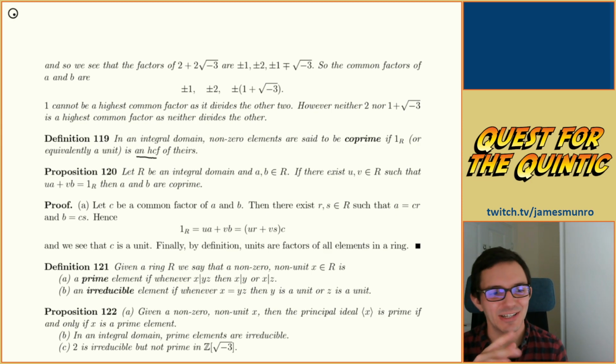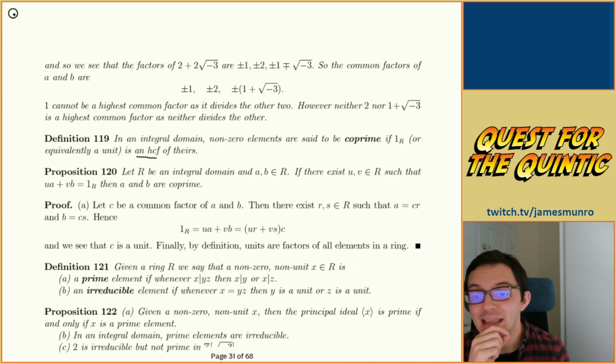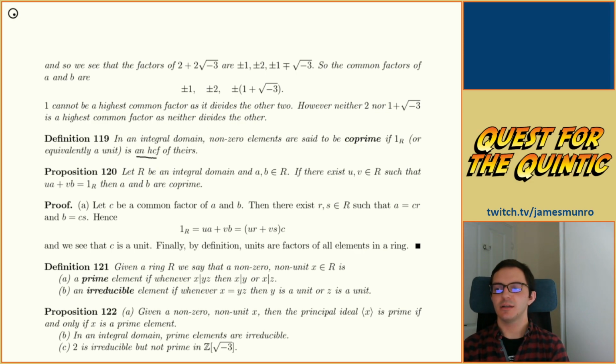I'm going to pretend that the highest common factor is unique up to units. That was what we said, right? Yeah, okay, we said that. The highest common factor, where I know which one I mean, up to units. It's basically coprime means really no common factors, except stuff that has to be common factors.